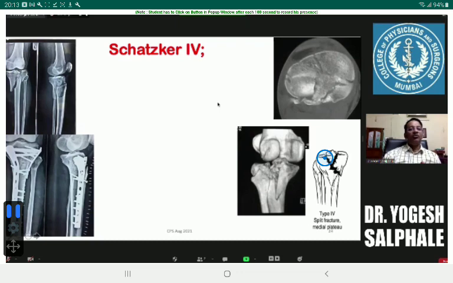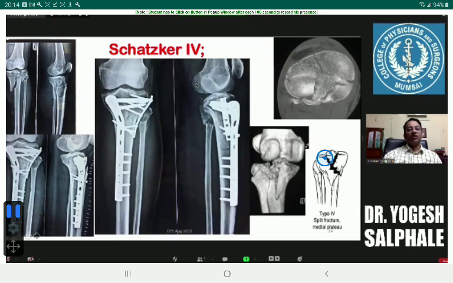Now, when we go to type 4, this is where the severity of the injury starts increasing. See the amount of impaction, the amount of injury which has caused this type of devastating injury. Now, you can see there is a split fracture of the medial tibial plateau. And if you see the CT, the axial section, the coronal section, you can see all the columns gone.